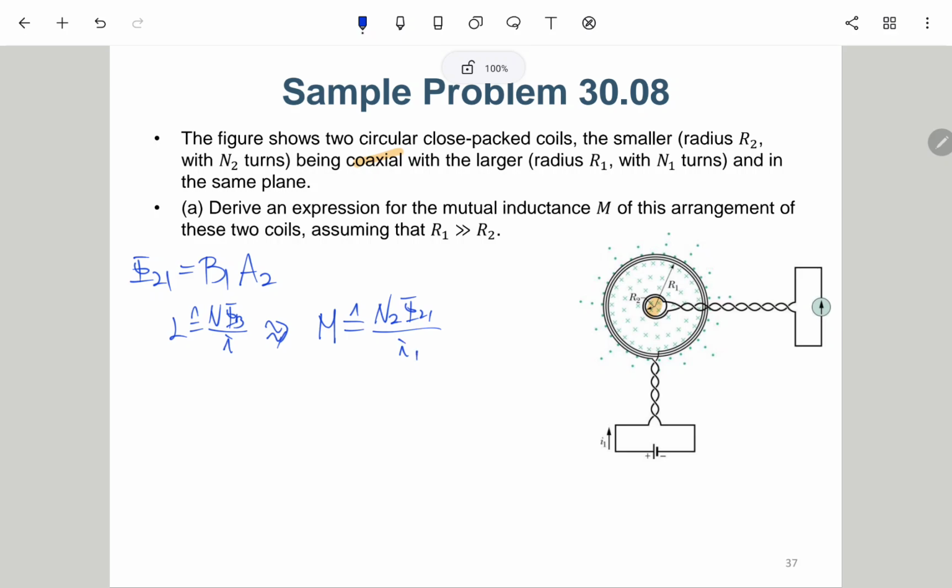Because the B field is generated by I1, but we would like to consider the flux linkage for coil 2. So this one is the magnetic flux for a single coil, for coil 2, and then multiplied by the number of turns for the second coil. So it somehow makes sense. It will be like N2 B1 A2, we just plug in this one here, over I1.